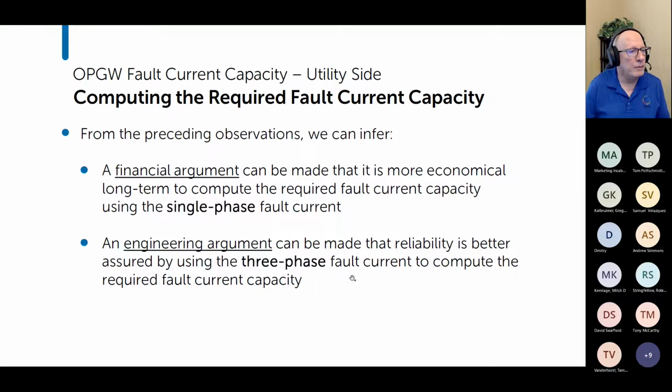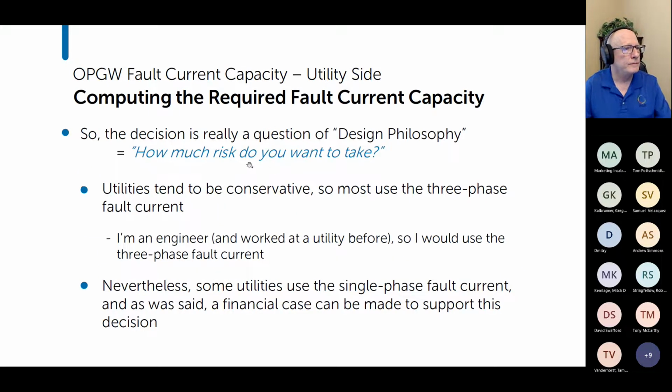Is the reliability more important, or is the long-term finances more important? So again, it's a risk management type decision, not a technical decision. What's more important to you, the money or the reliability? So it really boils down to a question: how much risk do you want to take?